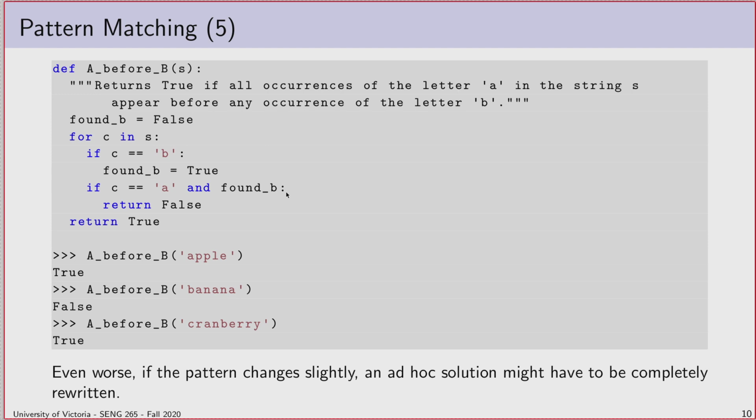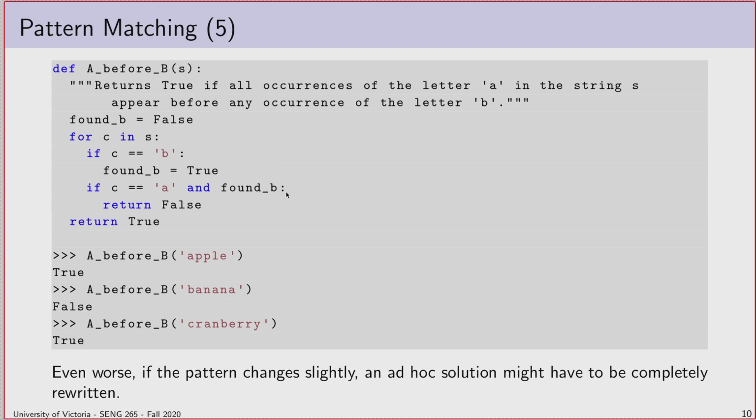Not only that, much worse than that, frankly, what happens if I make some relatively small change to the requirements of my pattern? For example, all of the A's and B's occur before any C's, or all of the A's occur before the B's or the C's. It could be that that requires me to completely overturn everything I've come up with so far. Slightly different patterns might have completely different match functions.